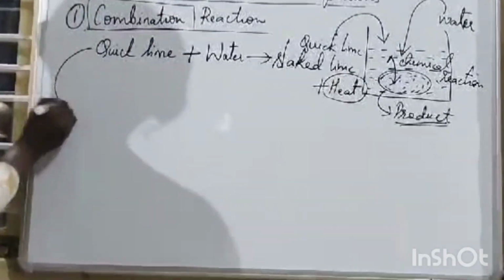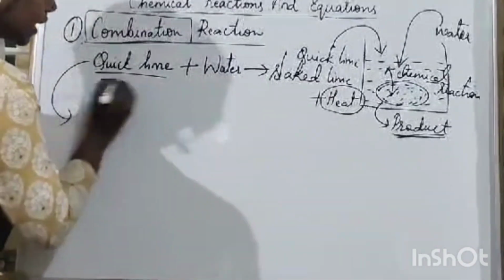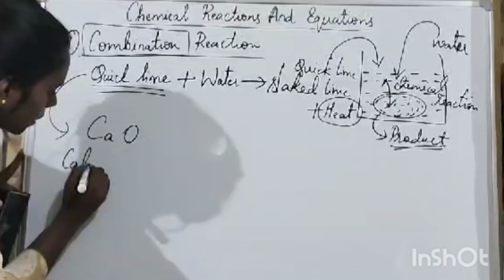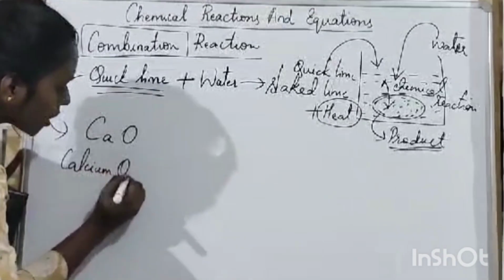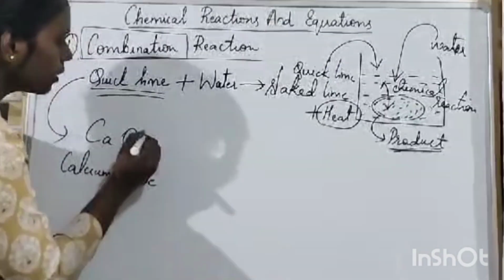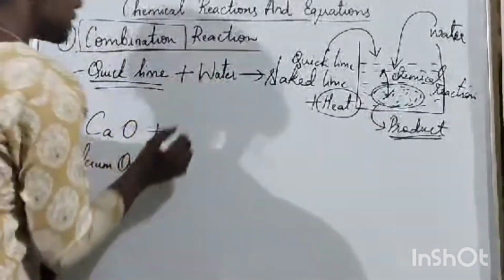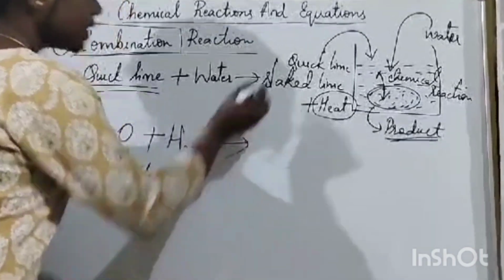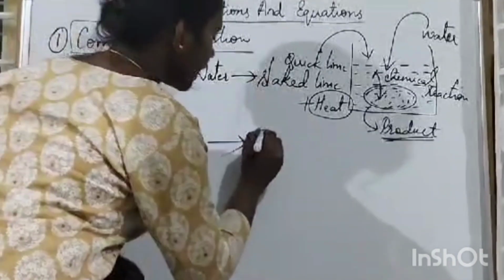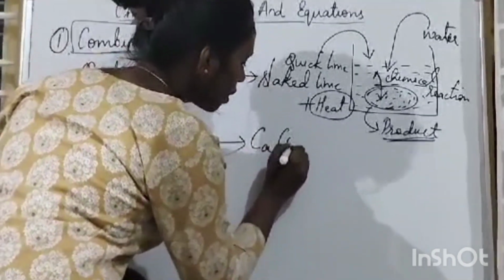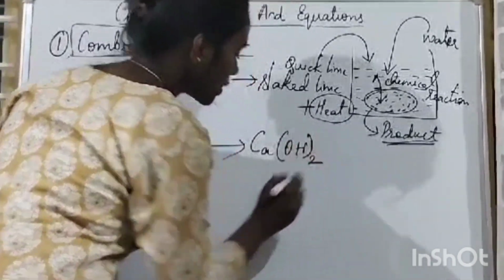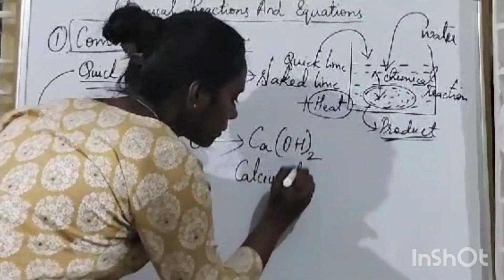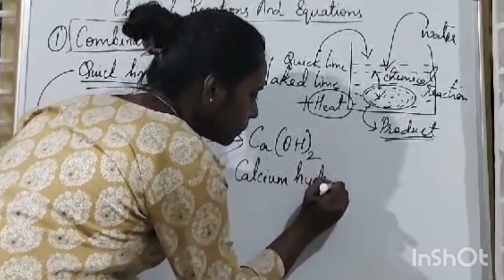Now let us write it as a chemical formula. Quicklime is CaO. It is calcium oxide. This quicklime is reacting with water to give slaked lime. Slaked lime is Ca(OH)2. It is calcium hydroxide.